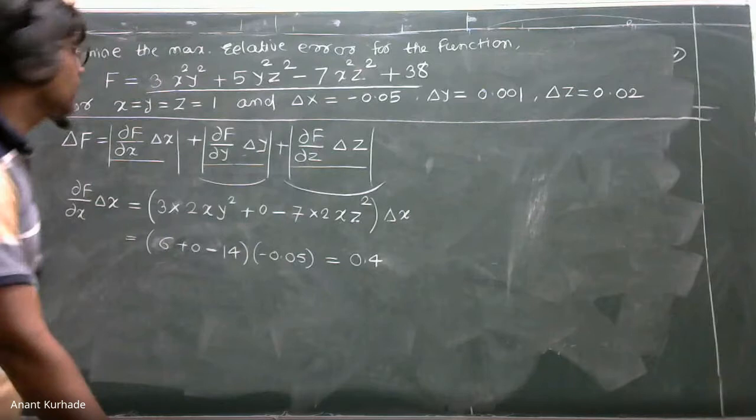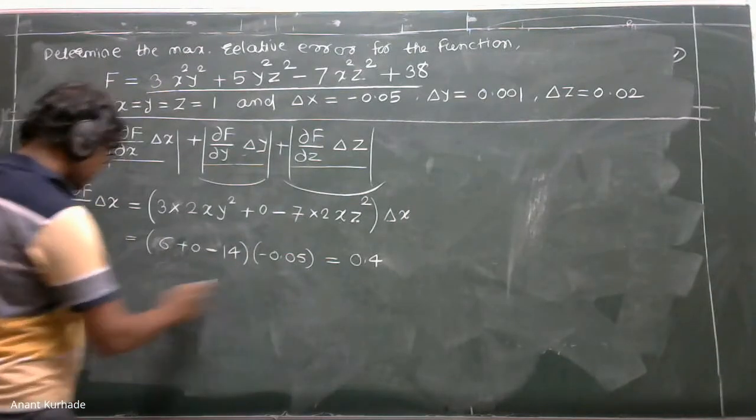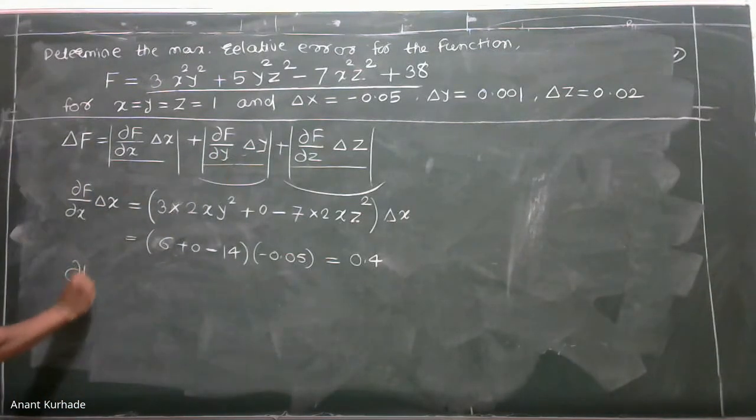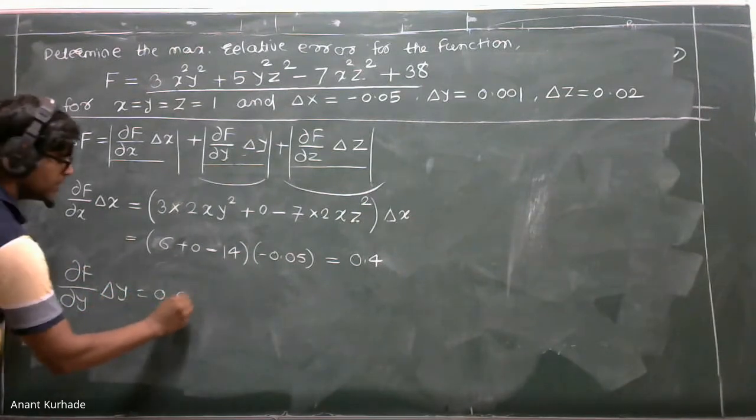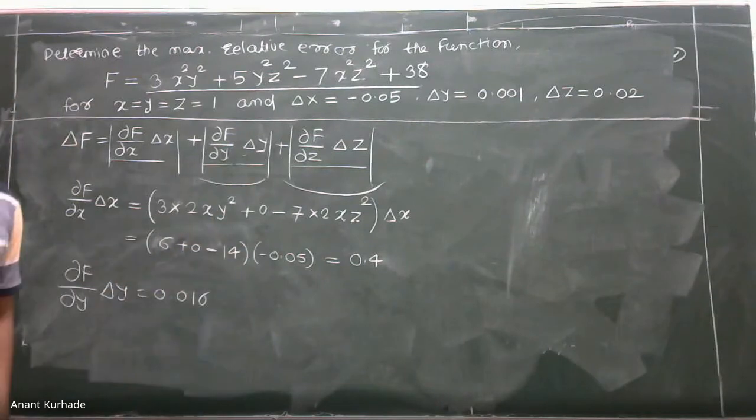0.016. So the next one, delta f by delta y into delta y is equal to 0.016. Calculate the next one. Keep in mind, minus 0.08.